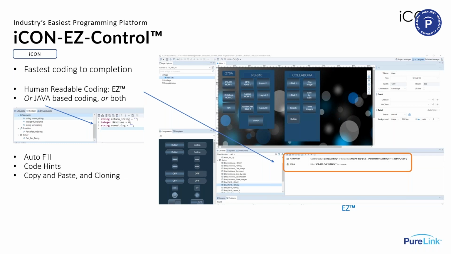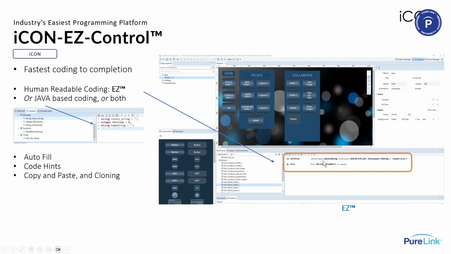So the important thing to get from this slide is that, as I mentioned before, our easy language is written in English. And you see in the orange box here, we have some code to send a control string to one of our switchers, the PS610 presentation switcher. And the string is setting the input to input.